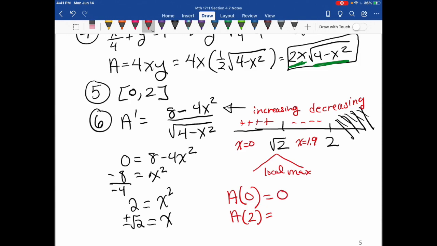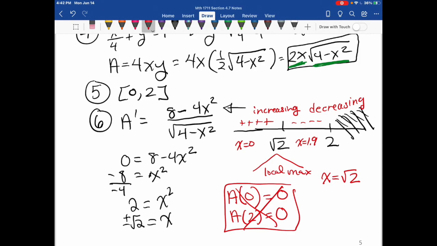When I plug into the area function that x is 0, we get 0. When I plug in 2, I also get 0. So this does not maximize my area at all. What maximizes the area of the rectangle is when x is the square root of 2.